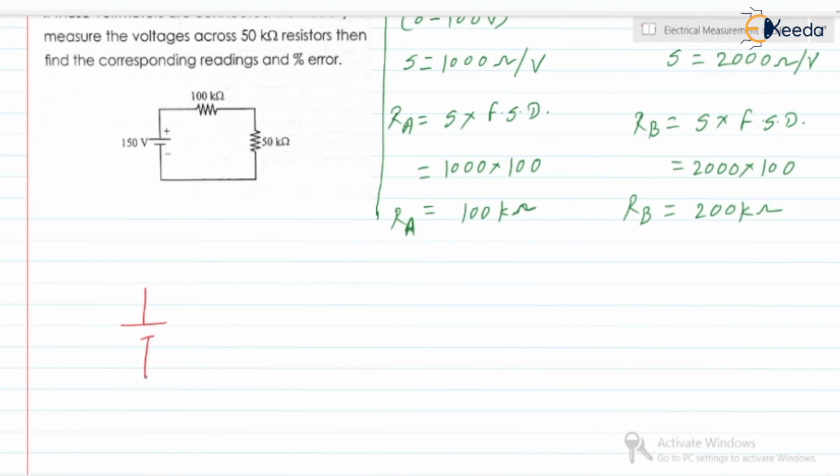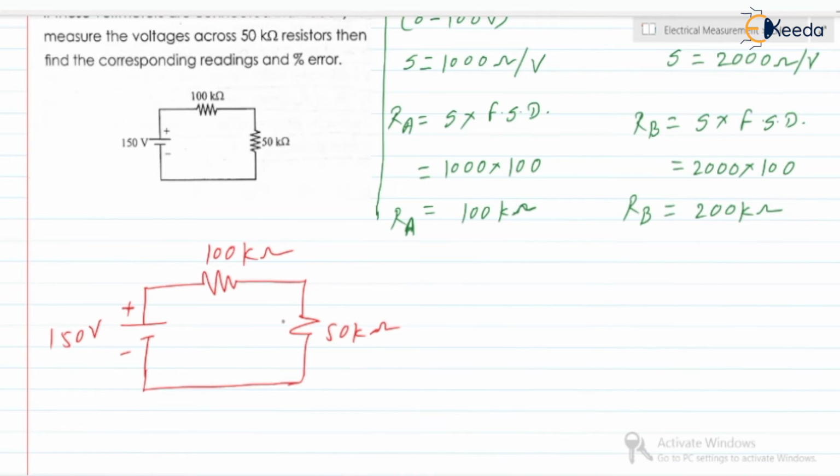In the circuit we have 150 volt, one resistor of 50 kilo ohm and a second resistor of 100 kilo ohm. The voltage across the 50 kilo ohm can be found simply by using network theory techniques. The voltage across the 50 kilo ohm is the true voltage.